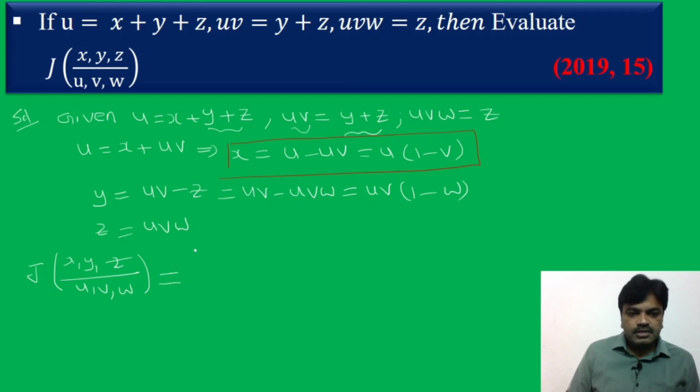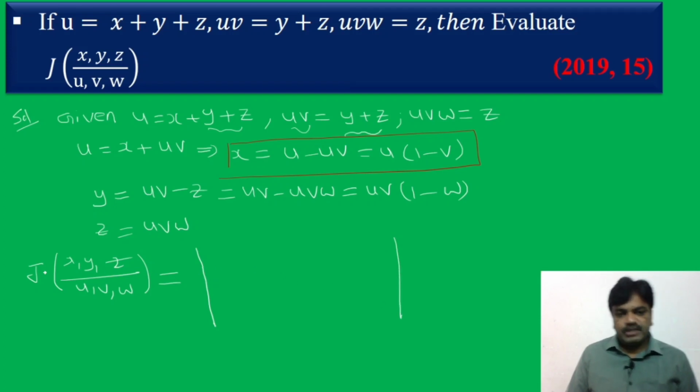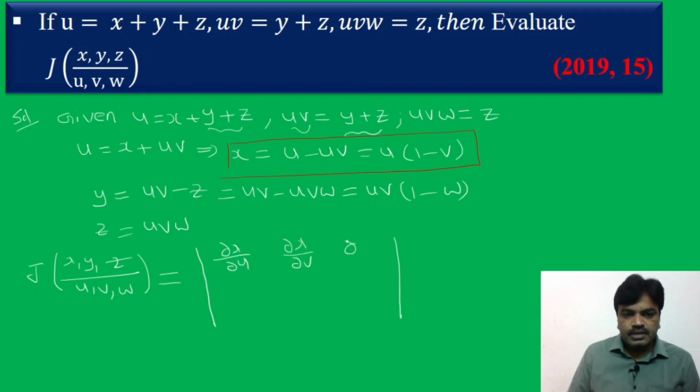What is the Jacobian formula? If you don't know the Jacobian formula, please watch the first video, friends. So the Jacobian definition is: first row dou x by dou u, dou x by dou v, dou x by dou w. Second function: dou y by dou u, dou y by dou v, dou y by dou w.